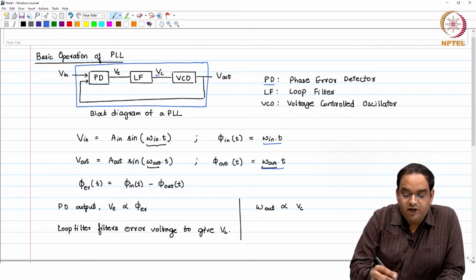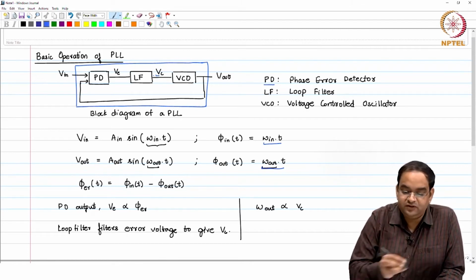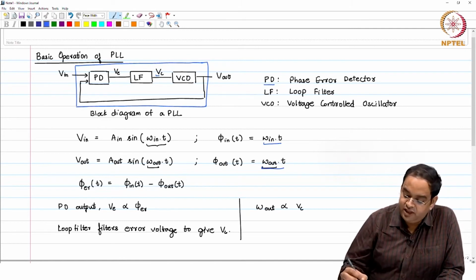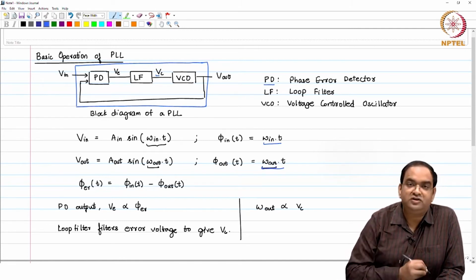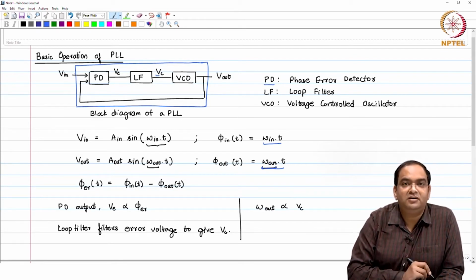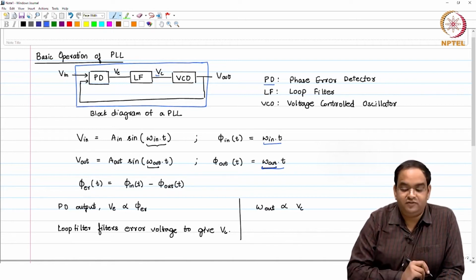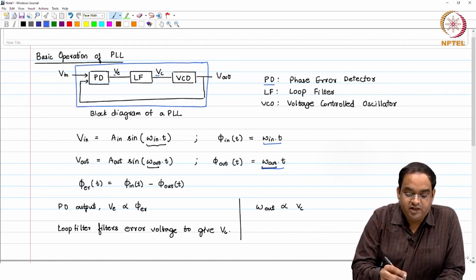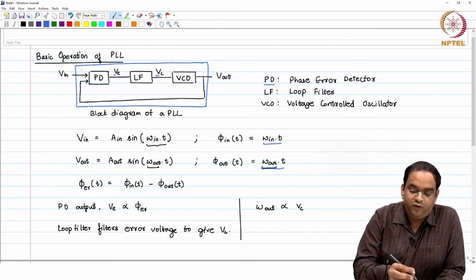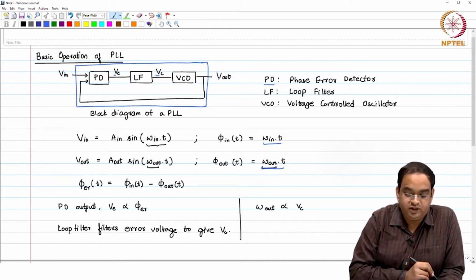This voltage changes the frequency of the voltage controlled oscillator, and as you change the frequency of the oscillator, you change its phase. When you change the phase of the oscillator, your error voltage will reduce, and the input phase and output phase will come closer.